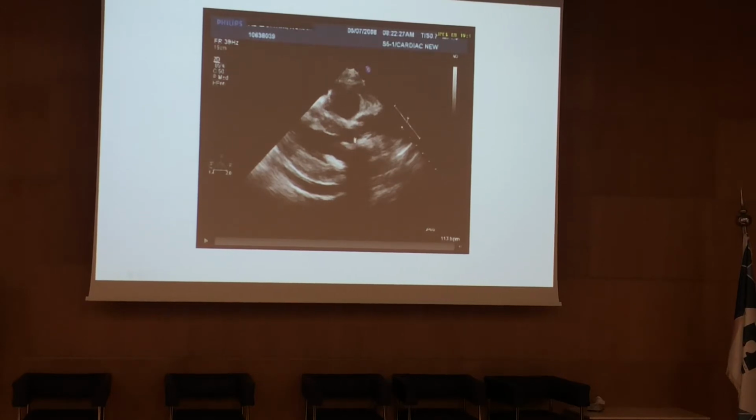It's like this here. And this is the aorta, ascending aorta. So the aortic valve is here. What we see here is that this is the pericardium, this is the parietal layer, and this is the visceral layer. So you see there is fluid in the pericardium here. So that's why we call it pericardial effusion.